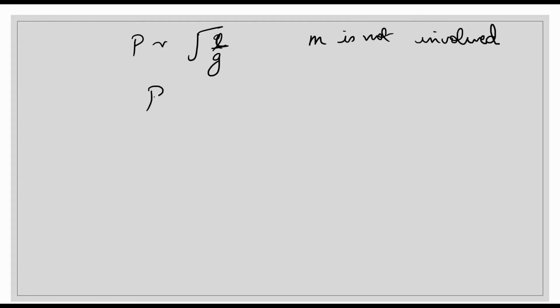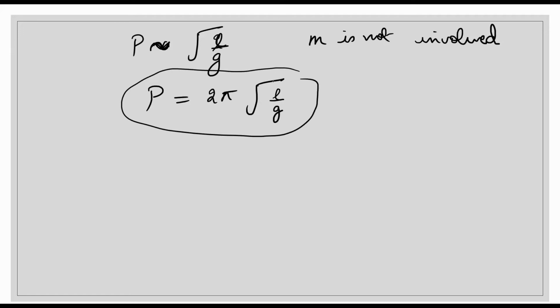Here you can note that mass is not involved. But the actual equation is this, when we remove this sign of proportionality, we will get this. Now this is a dimensionally homogeneous equation which is independent of the system of units chosen to measure length and time, right?